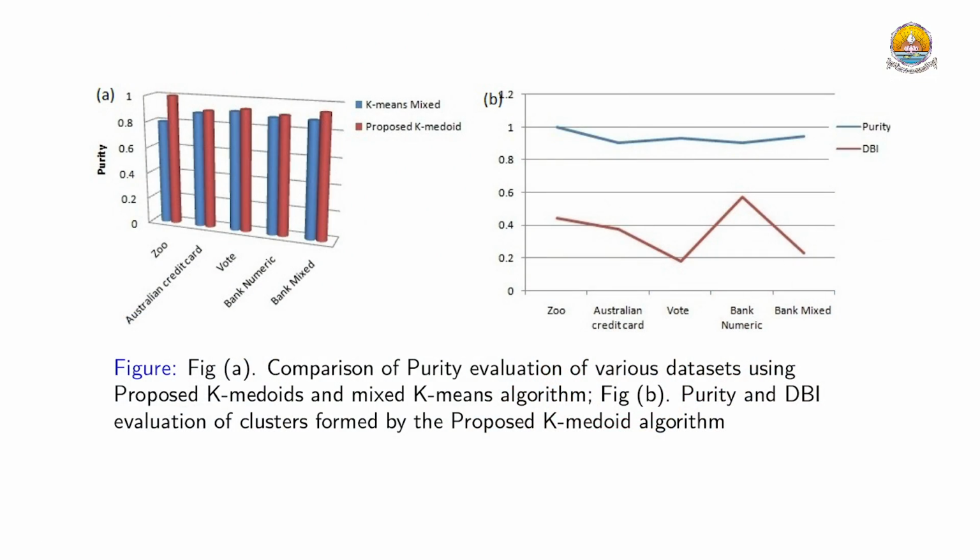When we compare K-means with our proposed method, we always get a purity value in the proposed k-medoid higher than all the remaining K-means. So we can claim that our proposed clustering algorithm together with the proposed distance measure is a better one. I am not able to show further things.